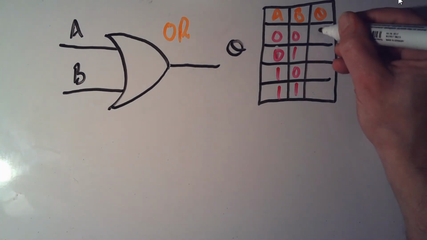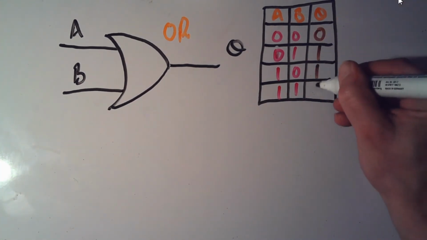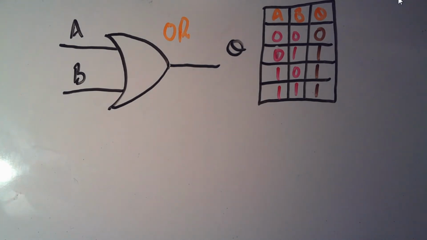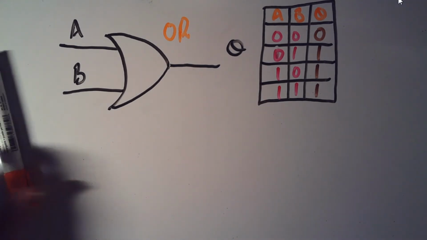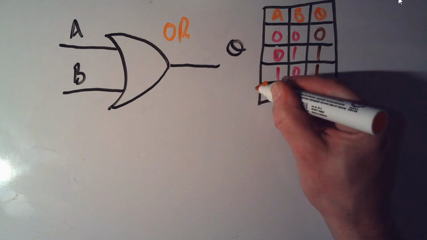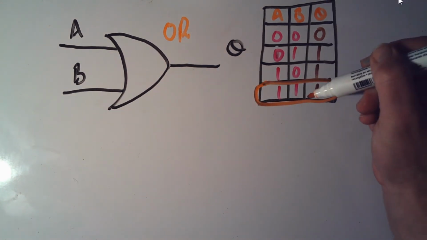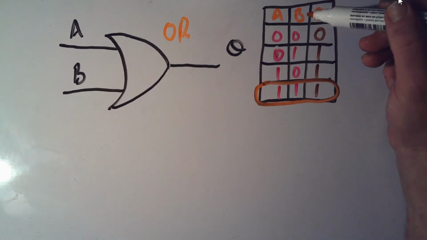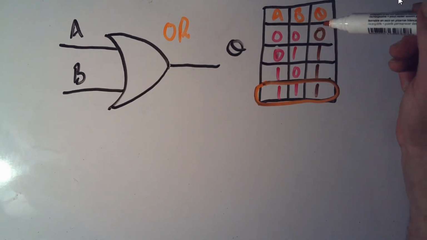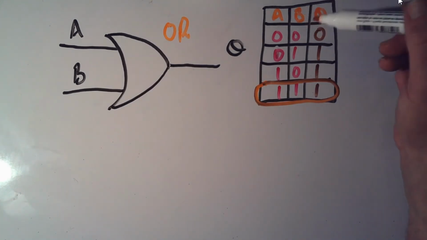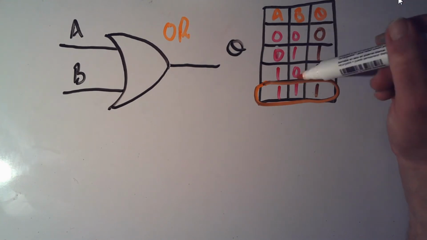So let's represent that with a different colour like this. Before we draw the exclusive OR, I'll just draw your attention to the bottom combination where we have both A and B of 1. So remember with an OR gate, to get a Q of 1 it's A or B or both A and B having a value of 1.